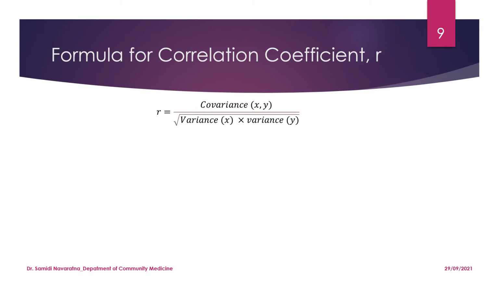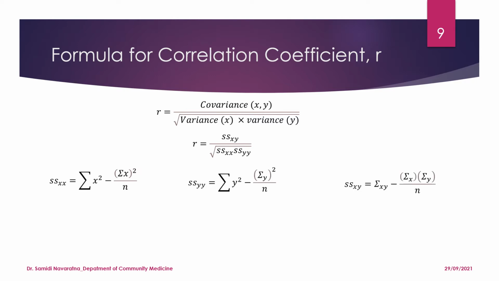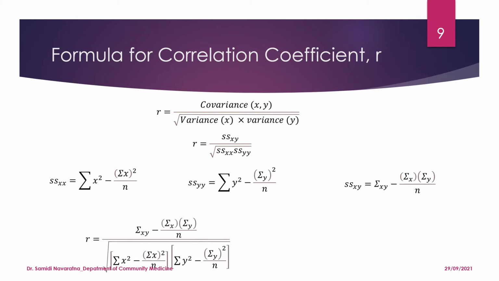The correlation coefficient equals the covariance of X and Y divided by the square root of the product of variance X and variance Y. So it is written in this way, and these are the equations taken for each of the numerator and the denominator, and when these are substituted into the equation, you get this.